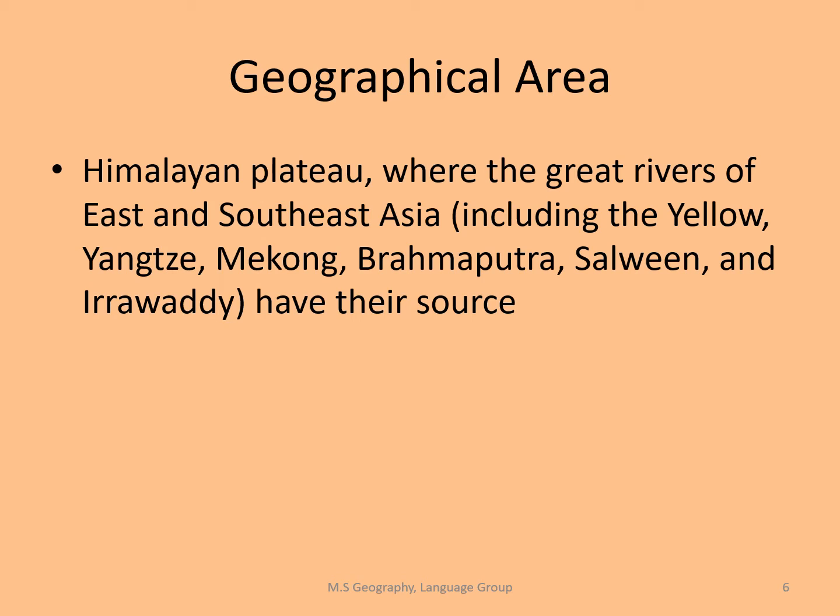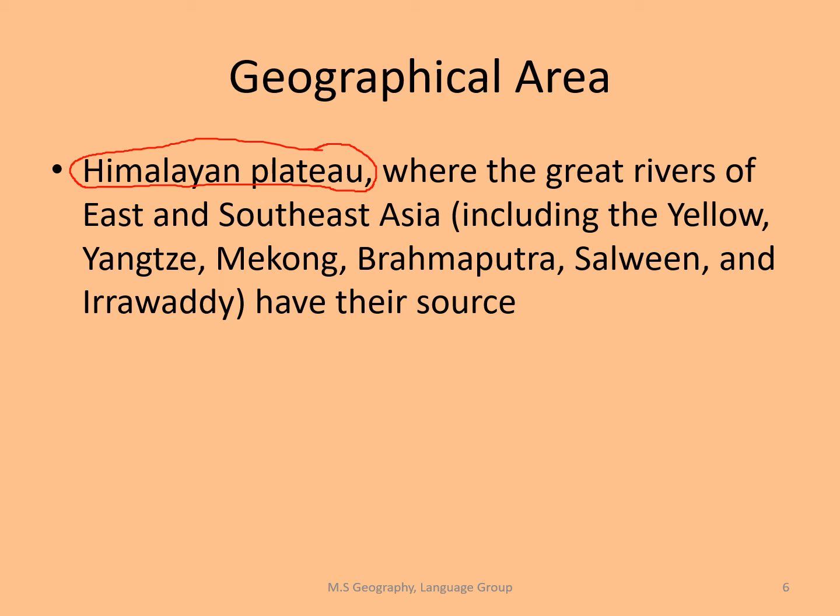The Sino-Tibetan language group is normally a language of the Himalayan plateau. It's a language of the Tibet plateau. The Tibet plateau is a part of the Himalayan plateau, and this language group area covers a few riverine zones. For example, the Bengali language is associated with the deltaic part of the river Ganga.